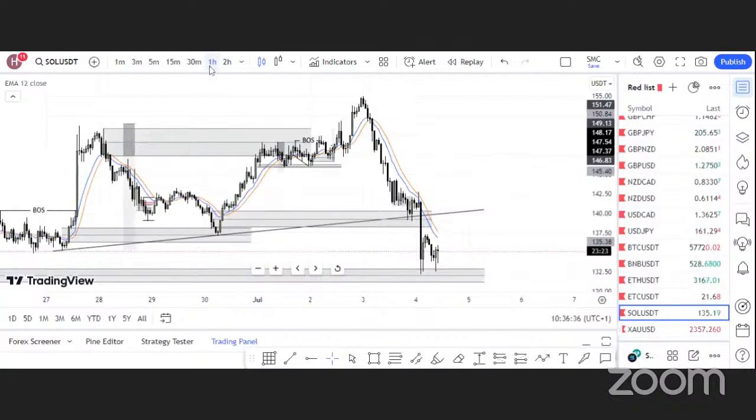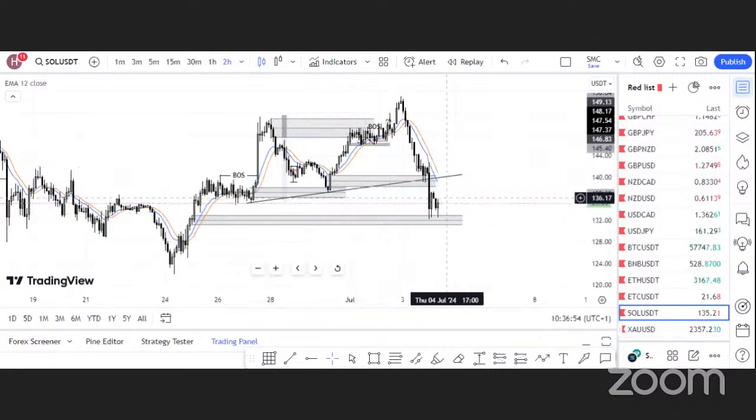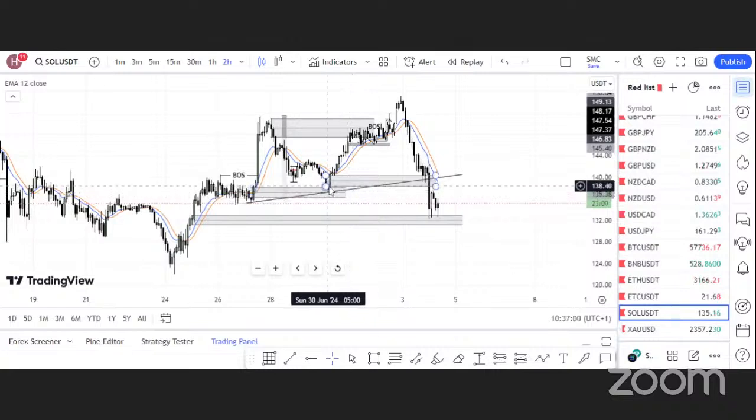All right, so on Solana USDT, you can see how the market reached the level and created that long bearish candle to break out the level, and earlier on yesterday I was making an analysis, and I was making this analysis and figured that we had a fair value gap here, a hidden fair value gap.